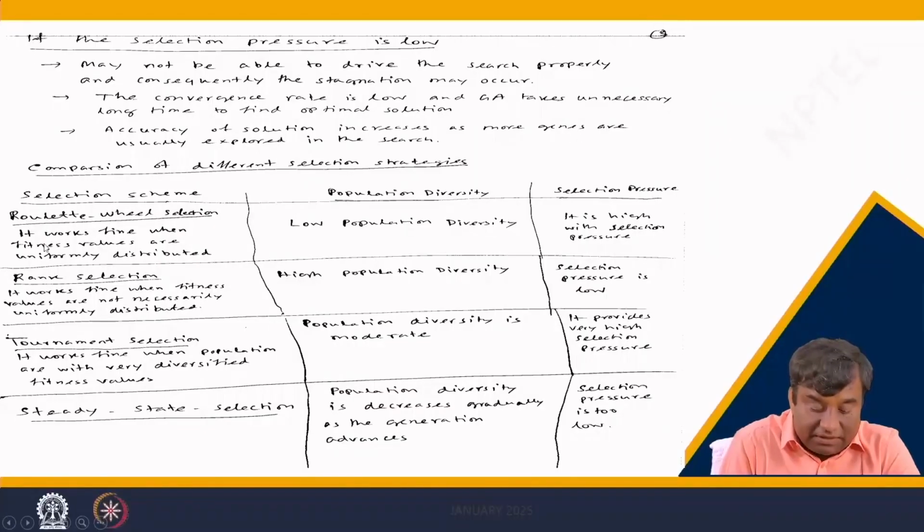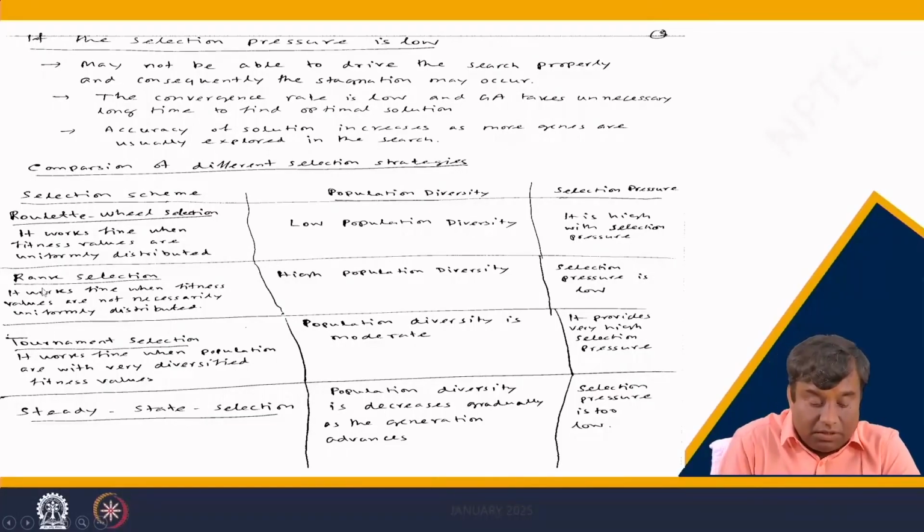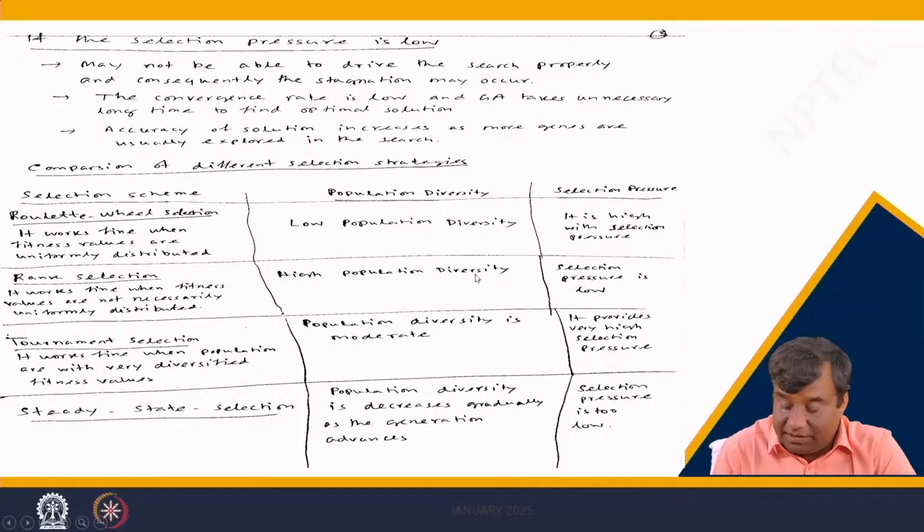Roulette wheel selection works fine when the fitness values are uniformly distributed. It has low population diversity and high selection pressure. Rank selection works fine when the fitness values are not necessarily uniformly distributed. There is high population diversity and selection pressure is low. Tournament selection works fine when the population has a very diverse set of fitness values.